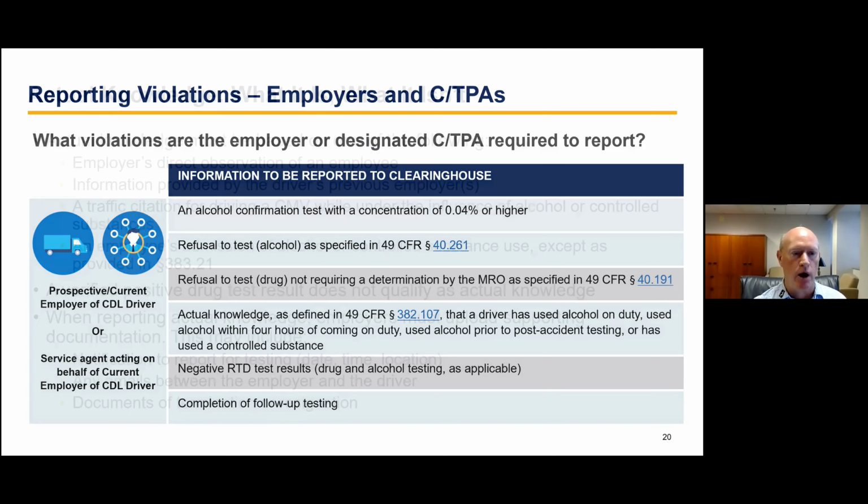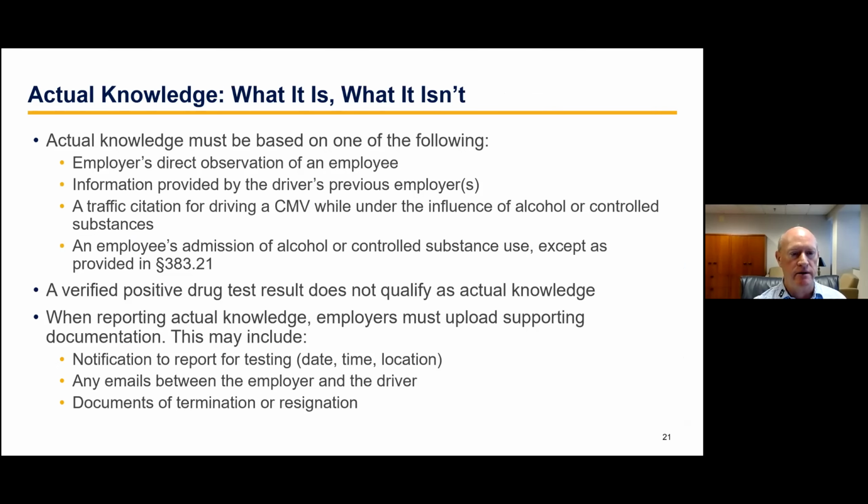So what is actual knowledge? It is an employer's direct observation of an employee. So it's got to be direct. It's information provided by the driver's previous employer. It's a traffic citation for driving a CMV while under the influence of alcohol or controlled substances, or it's an employee's admission of alcohol or controlled substance use, except as provided in section 383.21.